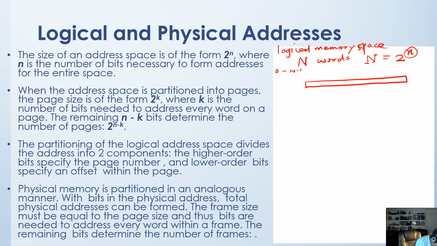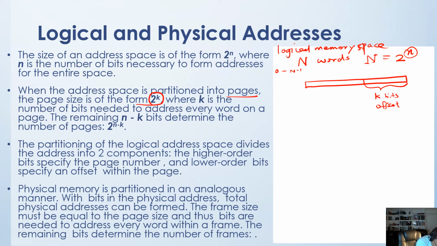Now, when the address space is partitioned into pages, the page size is of the form 2 to the k. That means we use k bits to represent the offset, which also represents the size of the page.